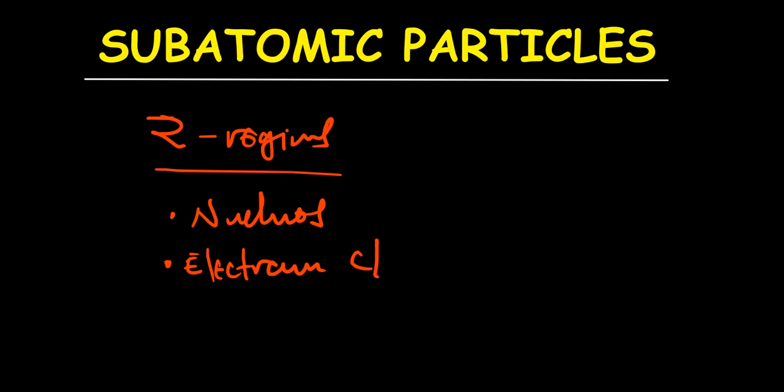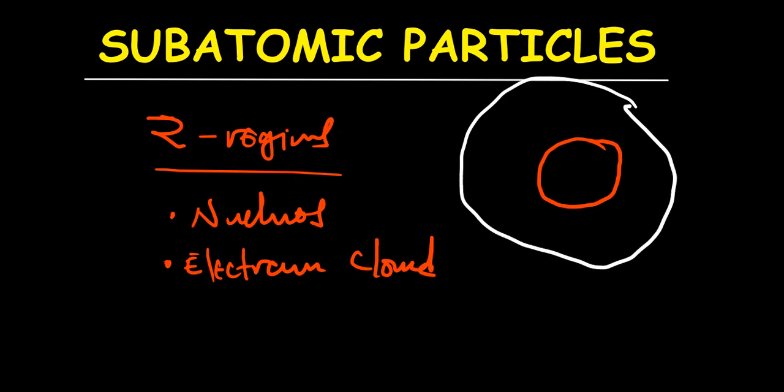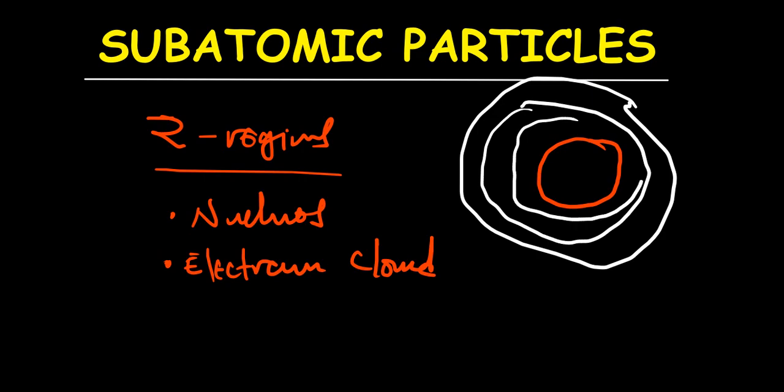When we draw this representation, I've drawn the nucleus in red, and then I can draw the cloud of electrons around this nucleus, like that. This cloud of electrons is what we refer to as the shells around the nucleus. Inside the nucleus we have protons, the ones I've indicated in yellow, and the neutrons, the ones I'm putting in blue.